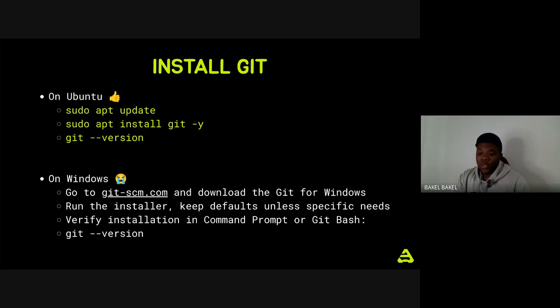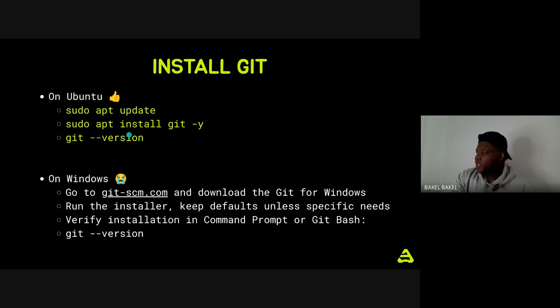So there's WSL, there's native Ubuntu, right? For those with WSL, ultimately you're on a Windows machine. While you can run Git in WSL, for this setup we're going to use Git on Windows. The reason is that I want you to grasp the concept in a simpler environment before we move to WSL.